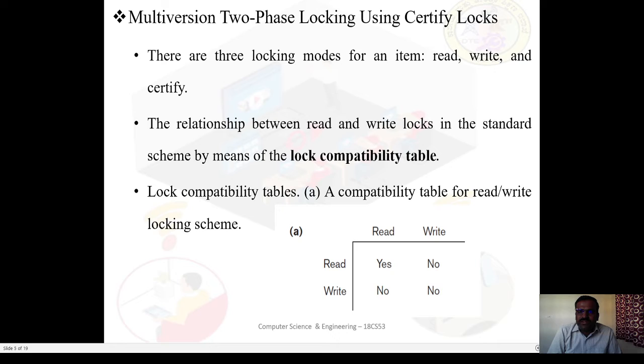The compatibility tables are for a read, write locking scheme. Read and read, yes. Read and write, no. Write and read, no. Write and write, no.